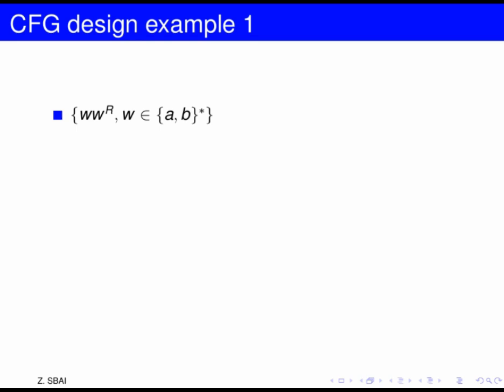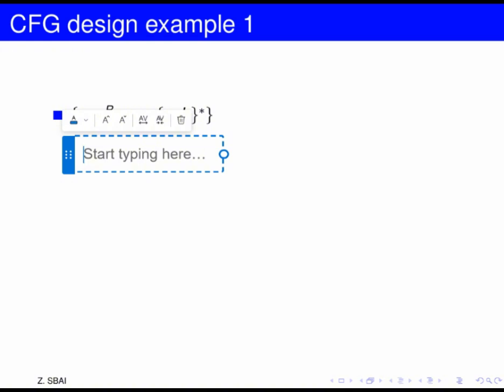Let's take the set of all strings that can be written as W W reverse. This means that all the strings that will be accepted will be in the form AA and then AA, for example. The first part is AA and the second part is AA since it's the same as the first part but reversed.